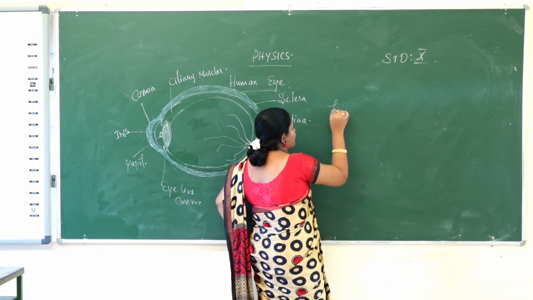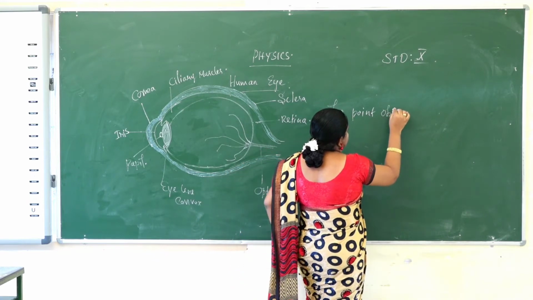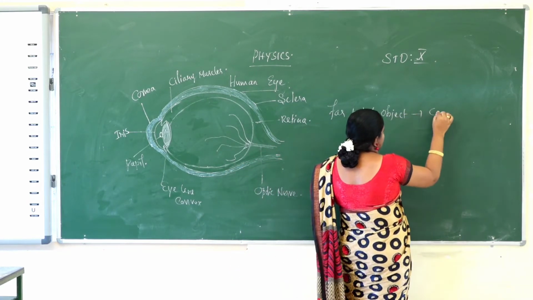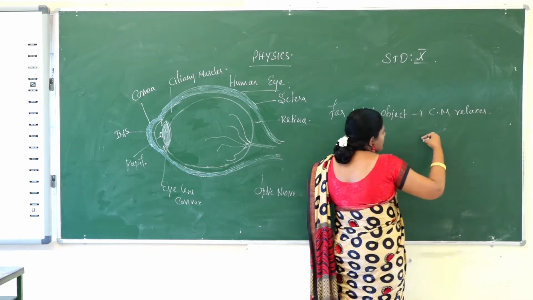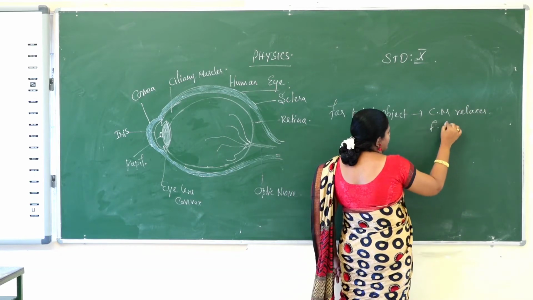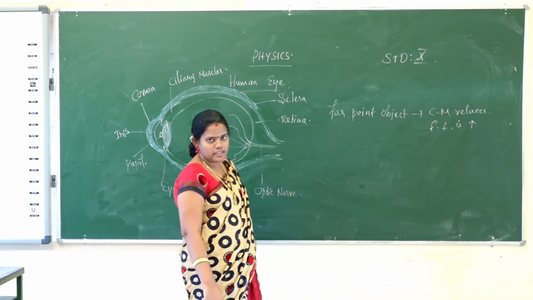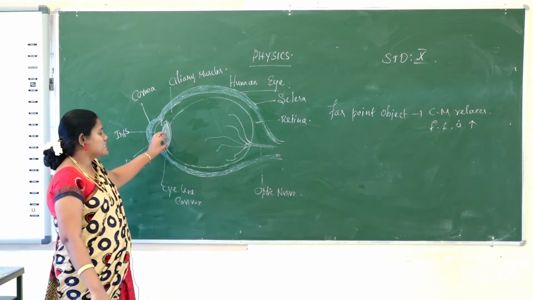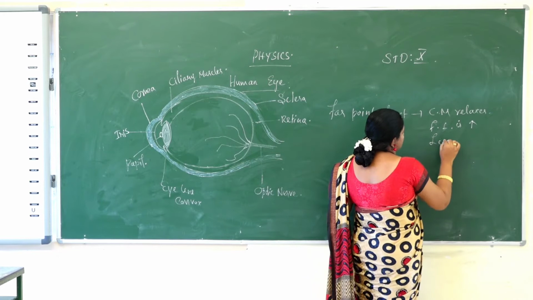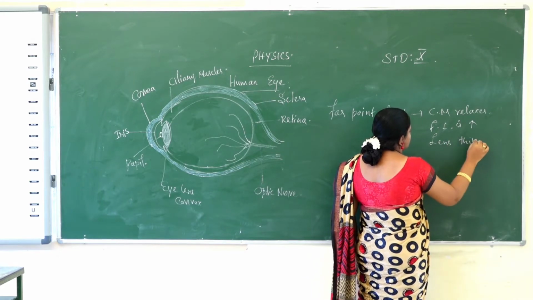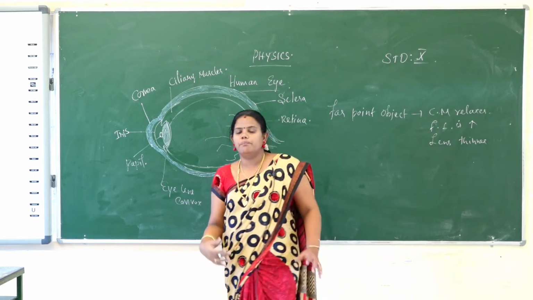So when we see a far point object, the ciliary muscles will be relaxed, the focal length of the eye lens will be increased, and the lens will be thinner, so that we can easily see far point objects.